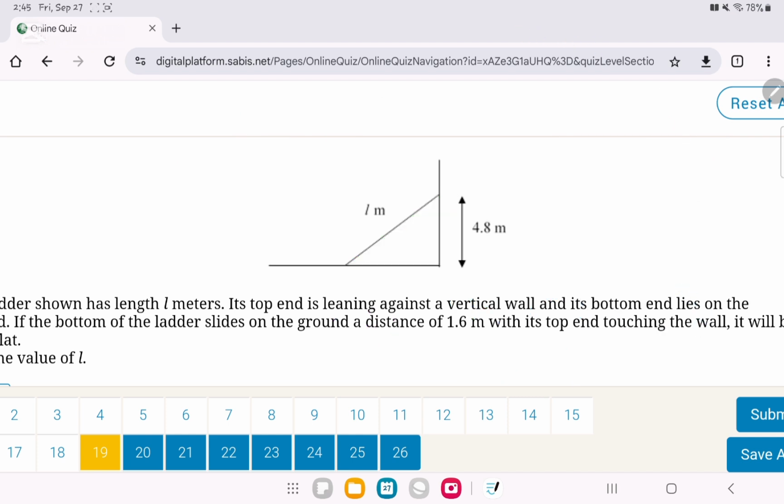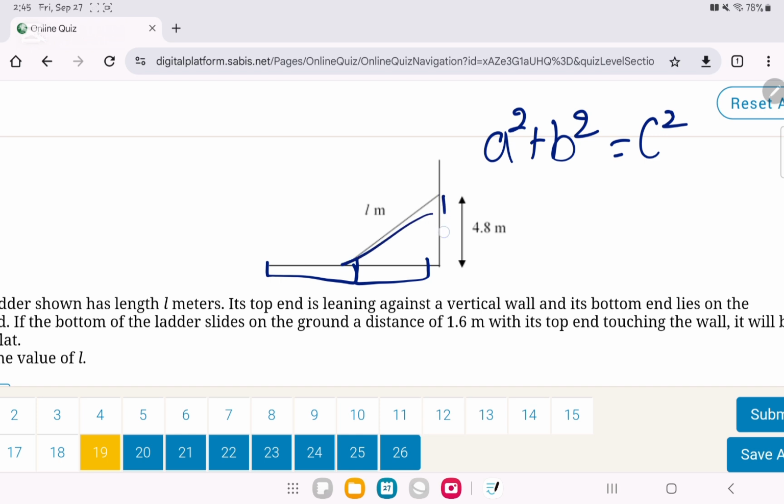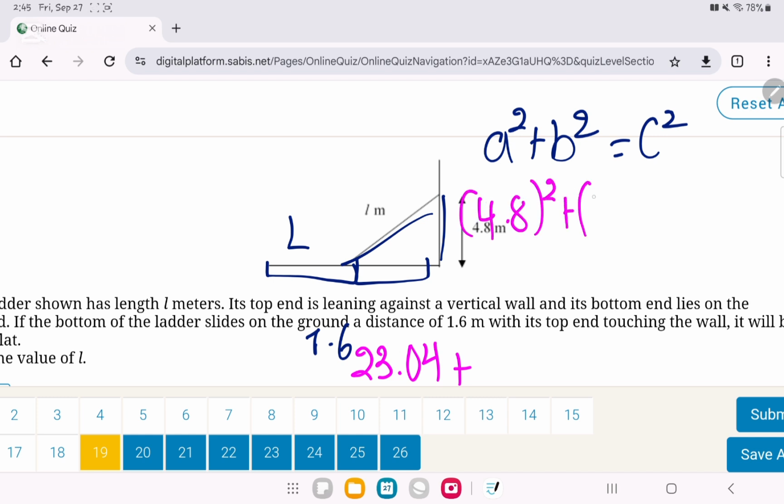Let me fit it here again. This is A squared plus B squared equals C squared. Again, this was all 1.6, this is L. So we found the value of A because it didn't fit before. It was 23.04 plus, so it's 4.8 squared first of all, plus (1.6 minus L) squared is equal to L squared.